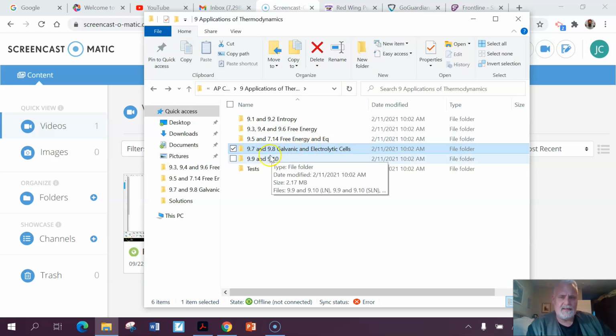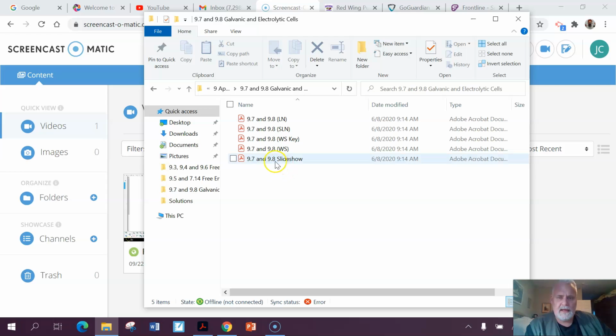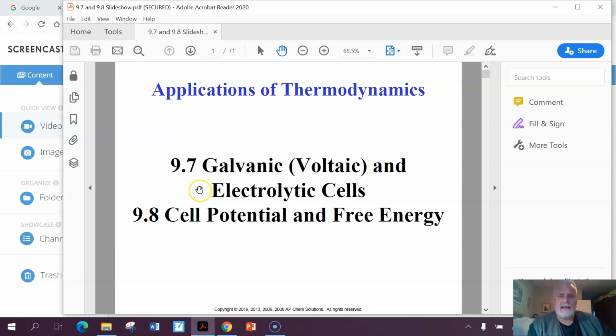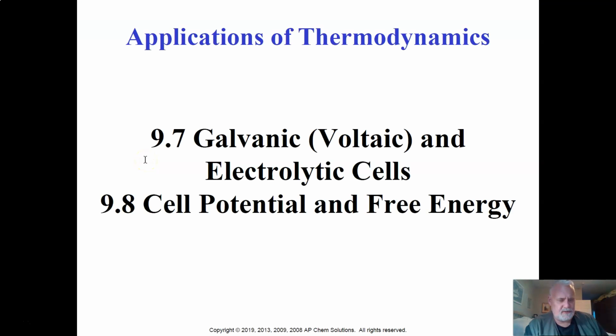So 2 days on this and 2 days on this, with some other miscellaneous things thrown in there, like test prep and things along those lines. All right, so let's go ahead and take a look at this 9-7, 9-8 with producing electricity and how that can be done through the wonderful world of chemistry.